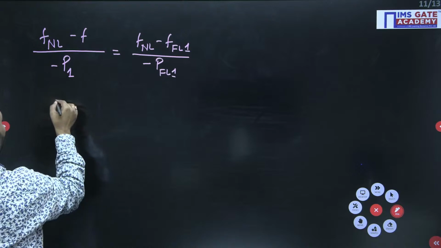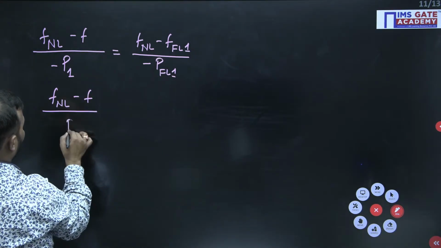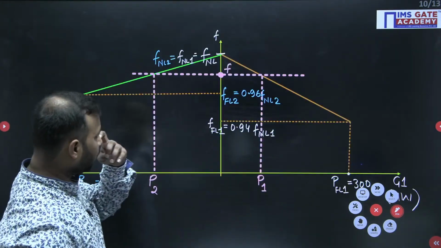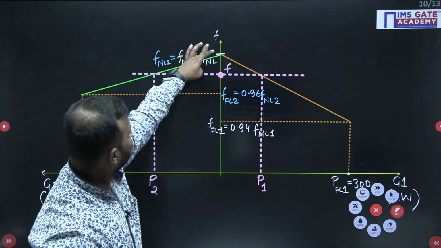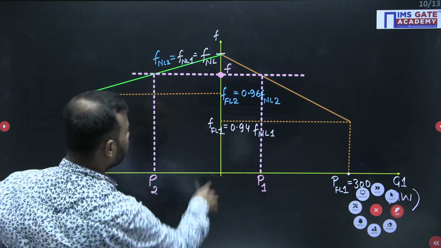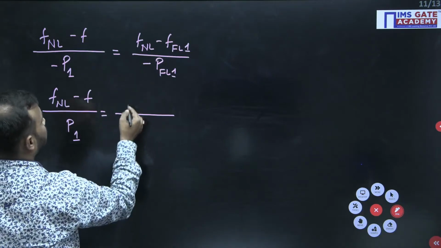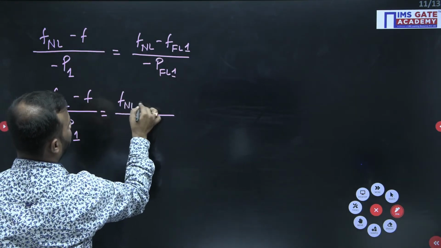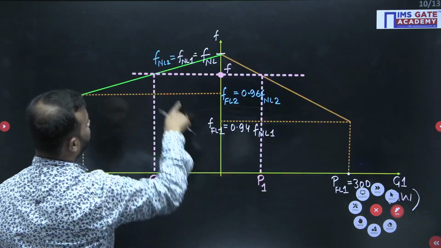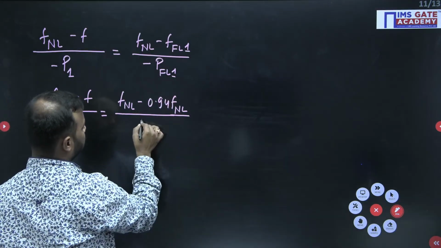So what are the values that are given? F no load is unknown. The frequency at which it is operating, P1, that is unknown. F no load minus F full load. If you see carefully, from here to here, what is the change? F full load is 0.94 F no load 1. So this is nothing but F no load minus 0.94 F no load 1, and F no load 1 is nothing but F no load, divided by this value, 300.